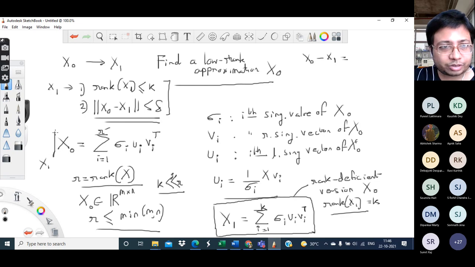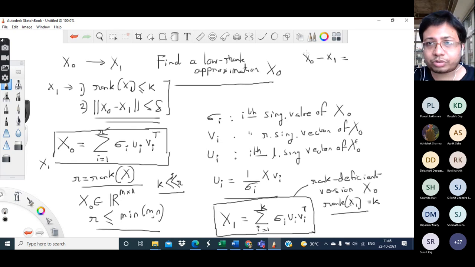This is the definition of x naught, and this is the definition of x1. So obviously x naught minus x1 should be equal to the sum from i equal to k plus 1 till r of sigma i ui vi transpose.